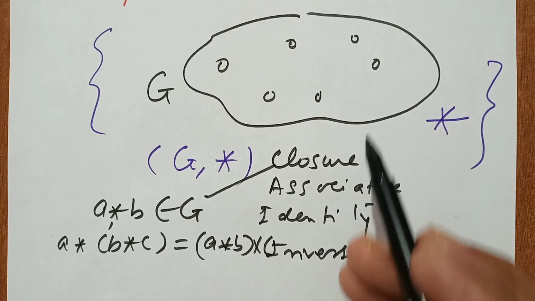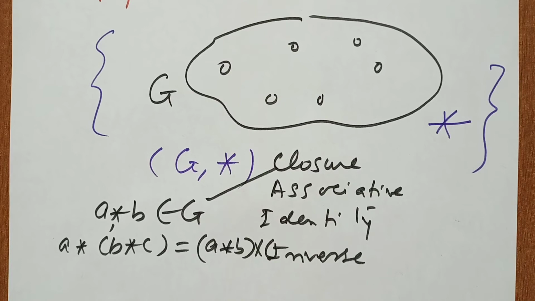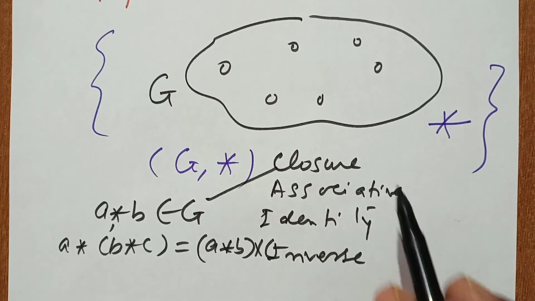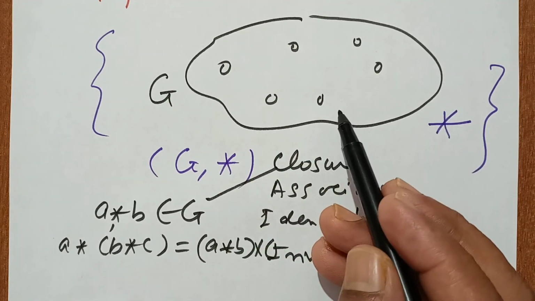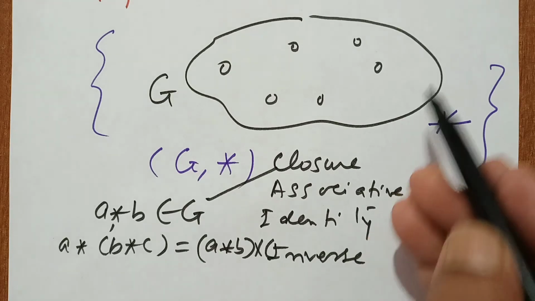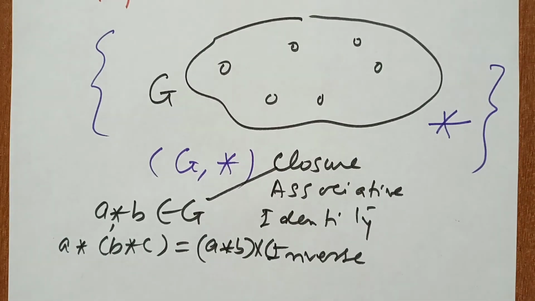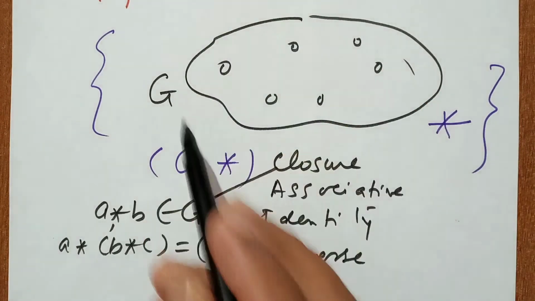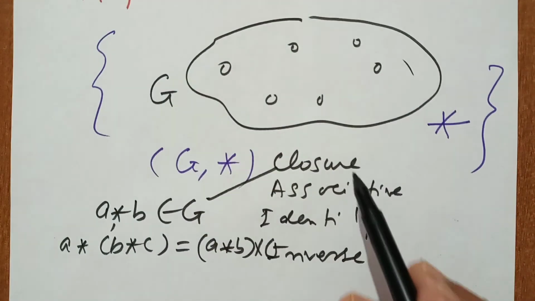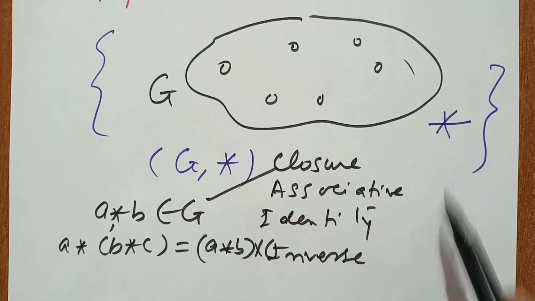Identity means the set has an identity element; for the operation plus, you check whether 0 is present. Inverse means the set contains the inverse of every element. If a non-empty set has these four properties, then it is called a group.